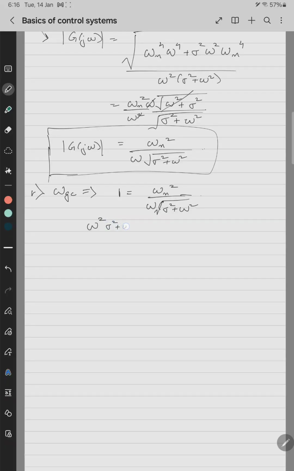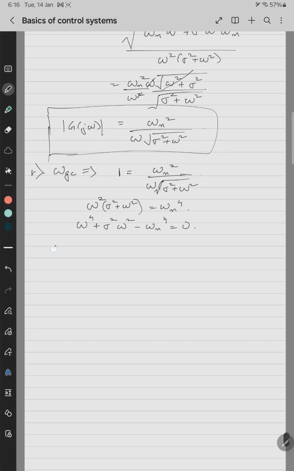Omega square into sigma square plus omega square equals omega n to the power 4, so omega to the power 4 plus sigma square omega square minus omega n to the power 4 equals 0. So then we can find omega using this expression, and we'll write omega as omega gc, and we'll take only the positive value because there is no significance of negative value.